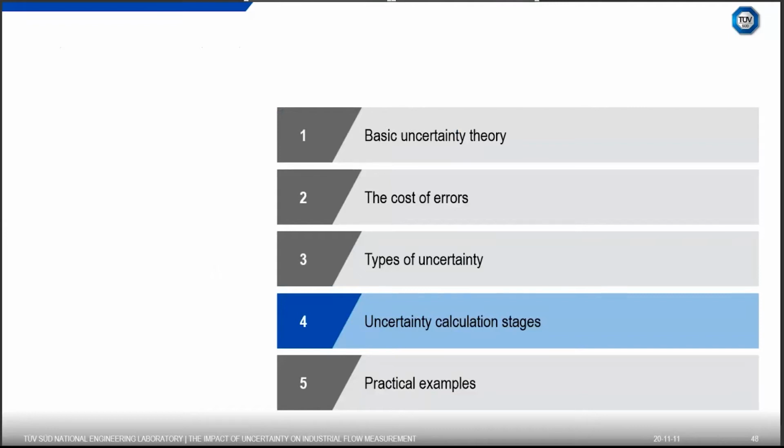So now we've discussed the types of uncertainty and how we tend to calculate standard uncertainty for various parameters. I'll go through what we tend to do when we're constructing an uncertainty budget for a particular parameter or value that we want to calculate.